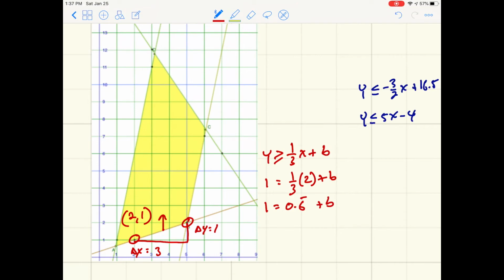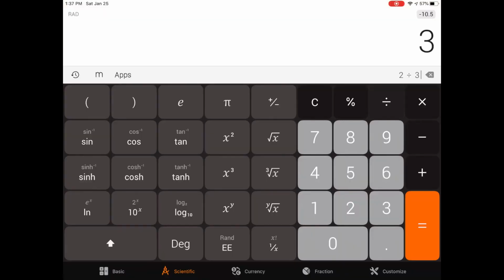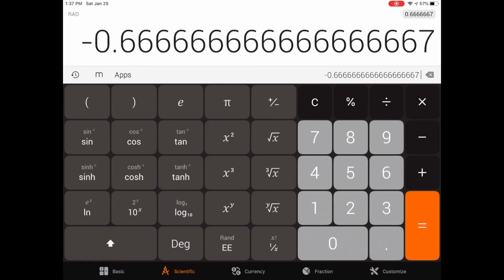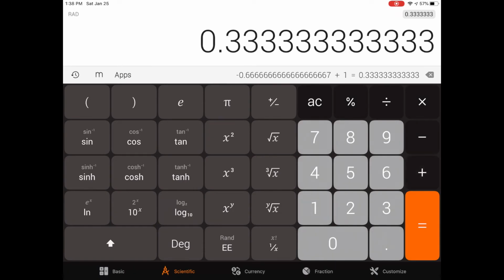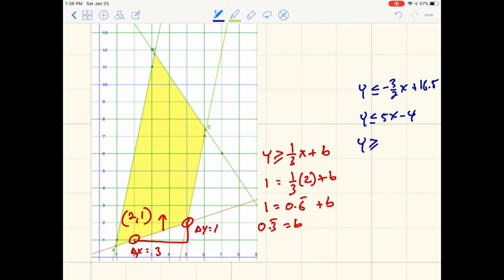I'm going to subtract 0.6 repeating from both sides. It's going to give me 0.3 repeating. 0.3 repeating is equal to b. Y is greater than or equal to 1/3 x plus 1/3, or 0.3 repeating.